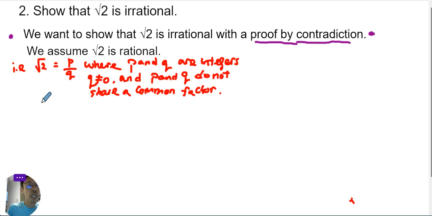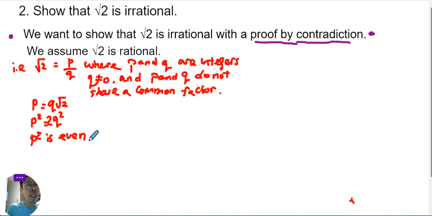So the next thing that we can do is rewrite this as P is equal to Q square root of 2, and then we can square both sides, getting P squared equal to Q squared times 2. If this is the case, then we know P squared is even because it is divisible by 2.